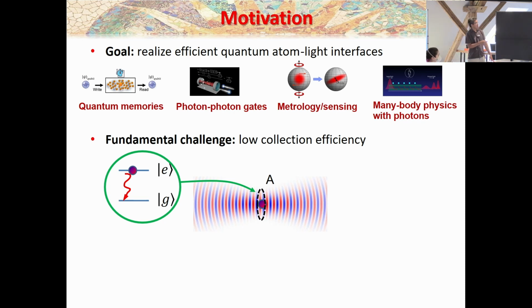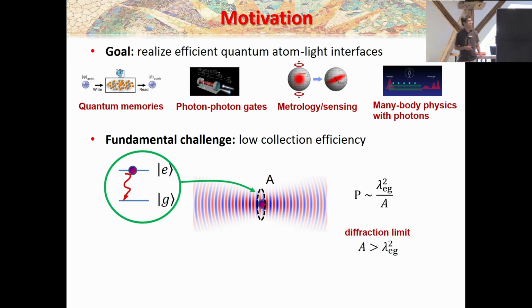What we can do instead is catch relatively simple modes, like a Gaussian beam with some beam area A. And the problem is that the overlap between a Gaussian beam that we know how to generate and catch and this dipole 4 pi radiation pattern is relatively small. So it's on the order of the wavelength squared divided by the beam area. And for this equation to make sense, one has to obey the diffraction limit.